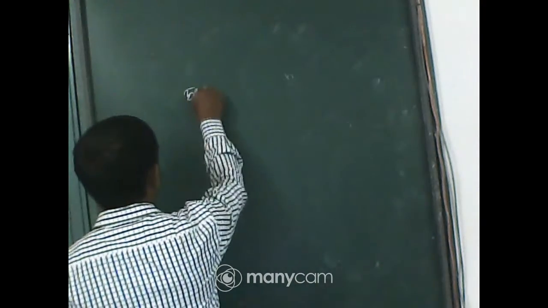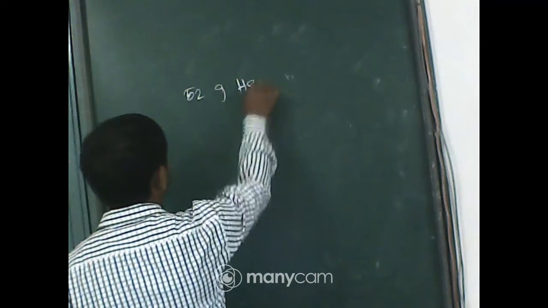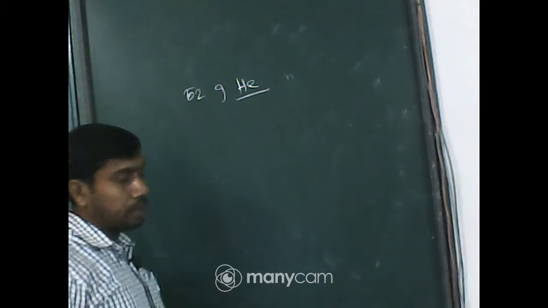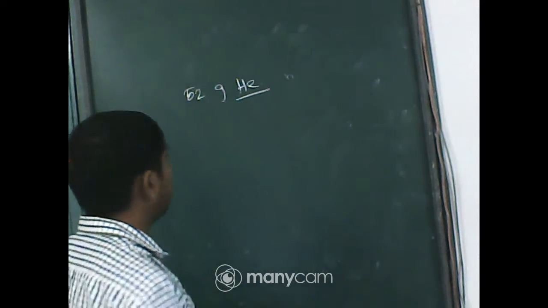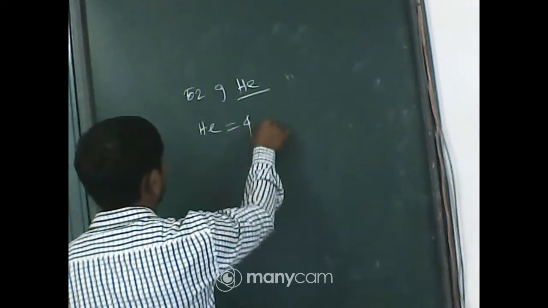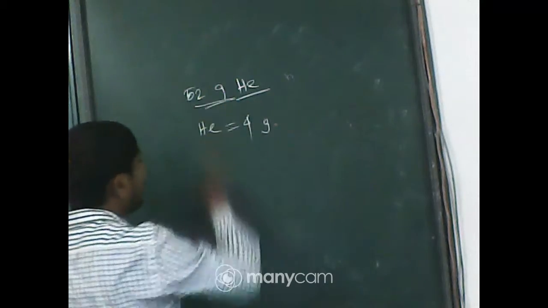Example 3.3: calculate the number of moles for the following: 52 gram of helium. Helium is monoatomic, and its atomic mass and molar mass are the same. So helium is 4 gram per mole, as it is given in gram.